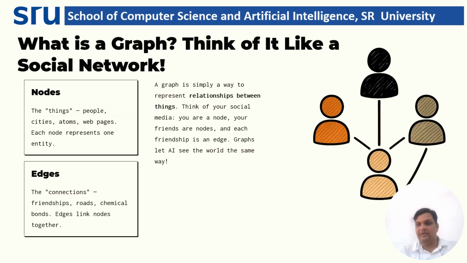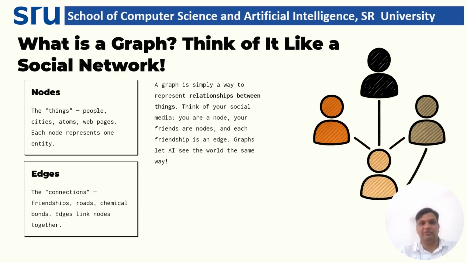What is a graph? Think of it like a social network. Nodes are the things: people, cities, atoms, bases. Each node represents one entity. Edges are the connections: friendships, roads, chemical bonds.